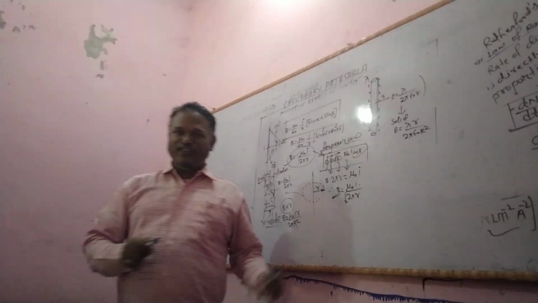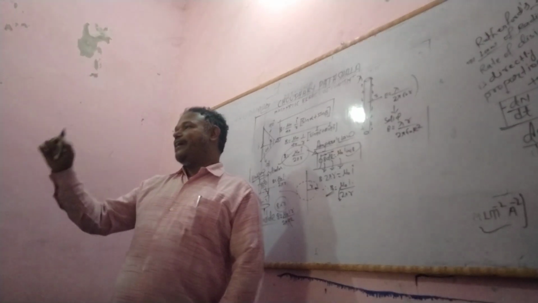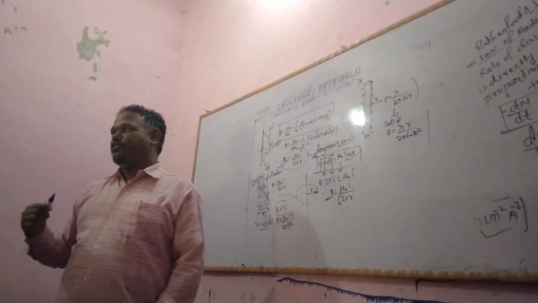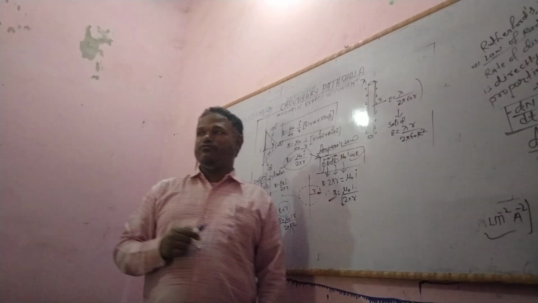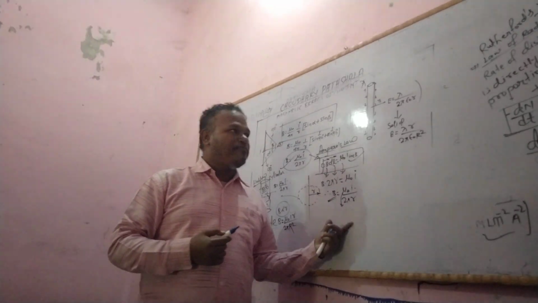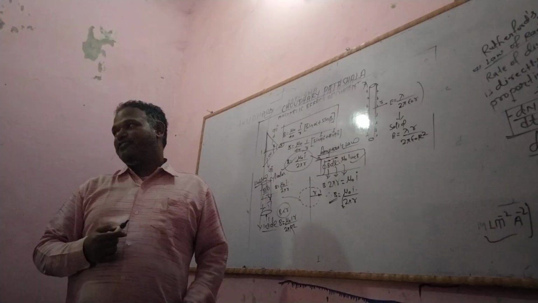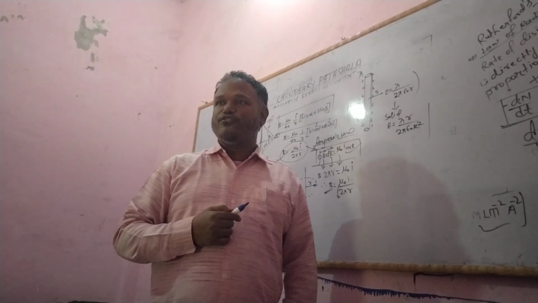And there is no spherical concept here. Due to a sphere, the electric field outside the sphere was proportional to 1 upon R square. And due to a dipole, the electric field was proportional to 1 upon R cube. Whether electric dipole or magnetic dipole, the field will be proportional to 1 upon R cube.